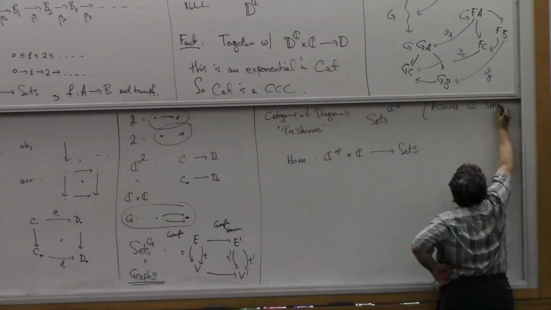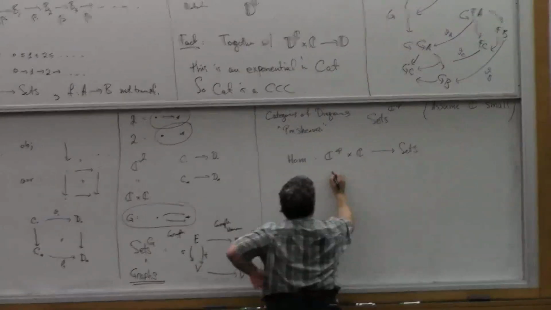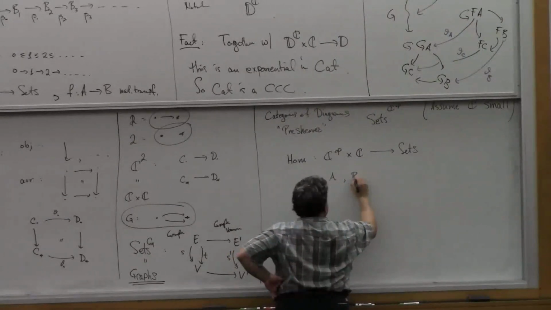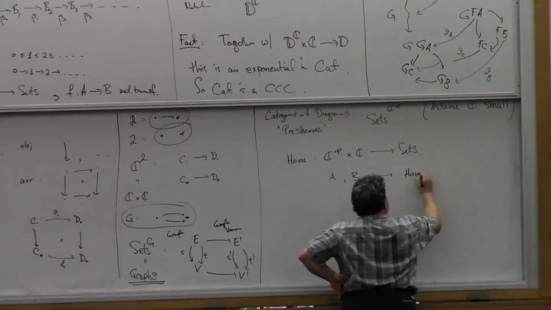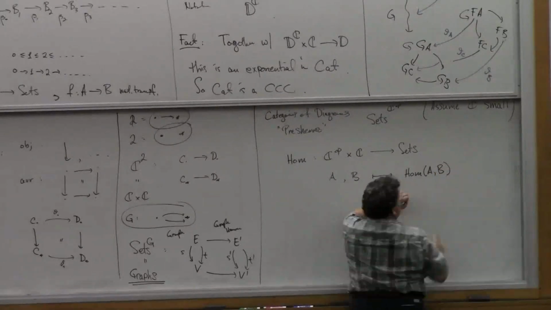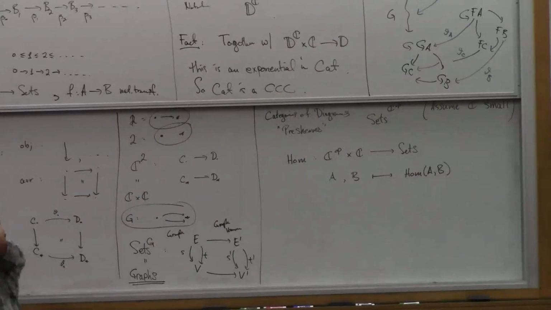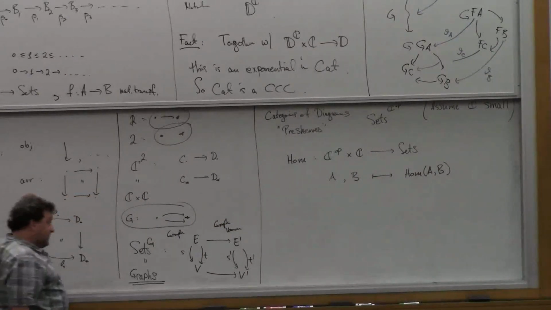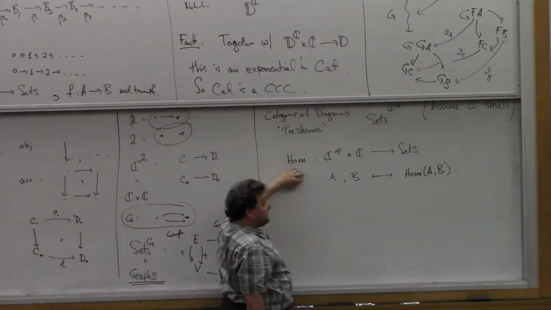The main thing is that whenever we take two objects, A and B, and we take the collection of all maps Hom from A into B, the result is a set. That's the definition of being locally small. A category is locally small if that Hom collection is always a set. So assume that holds so that we have this Hom functor.